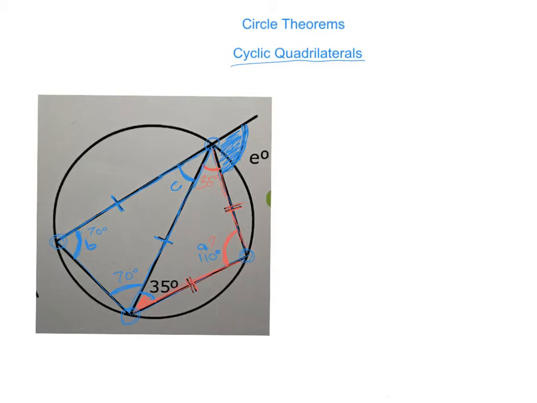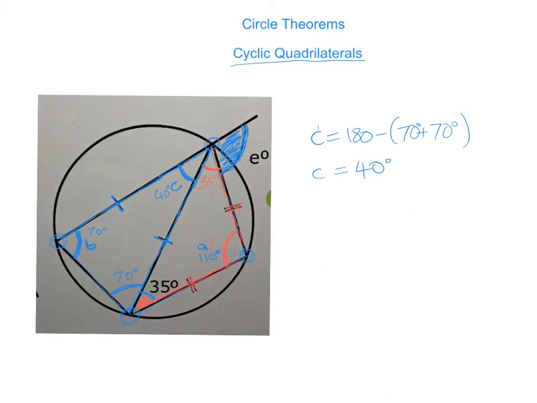So C equals 180 minus (70 plus 70) degrees, and then we can write C equals 40 degrees. Now we know angle C is 40 degrees, and we now know that this angle is 35 degrees.